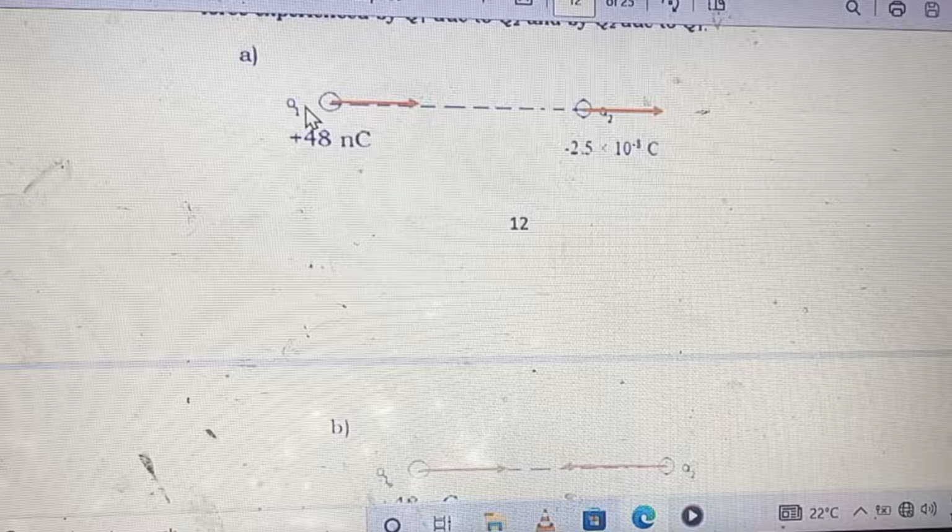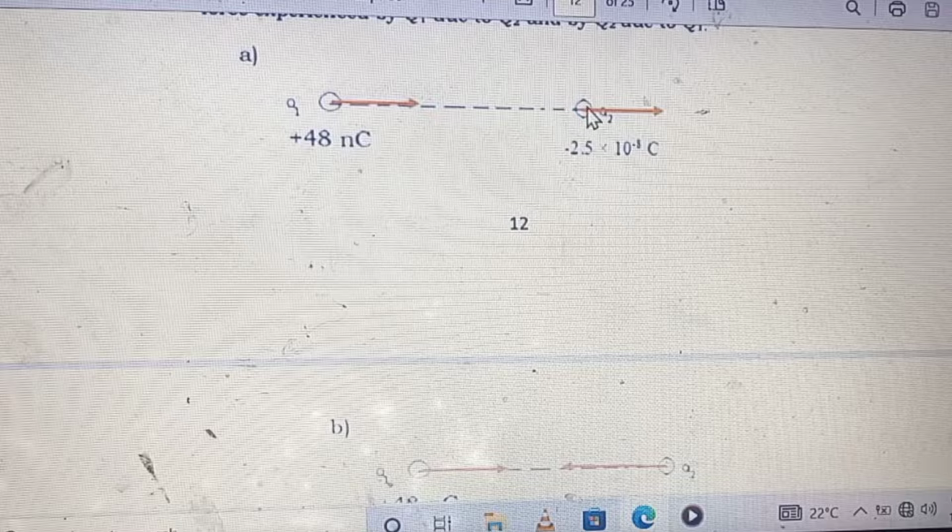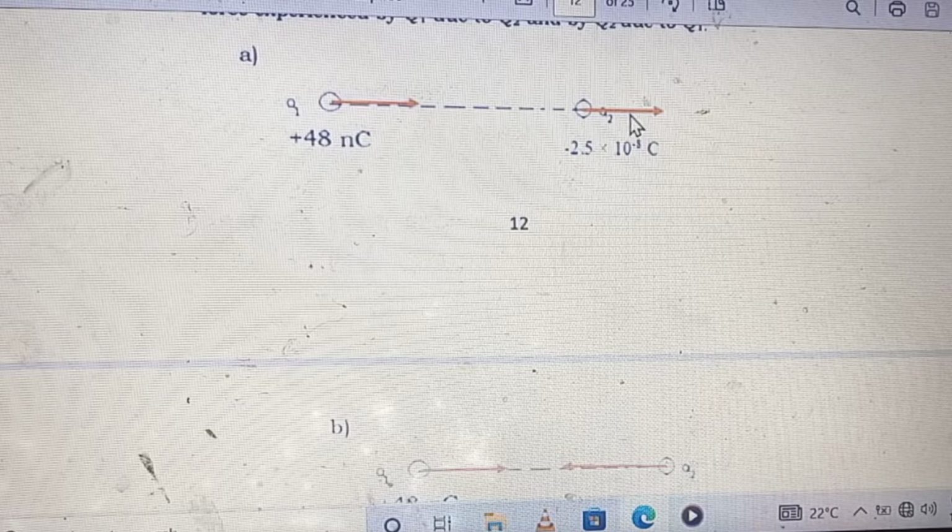The correct option is A because a positive charge's force direction is always toward the negative, and the direction of the force on a negative charge is always toward the positive one.